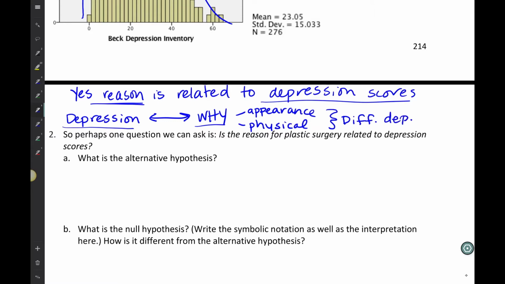If the reason is related to how depressed they are, then we should see a difference between the people who said this reason versus that reason.